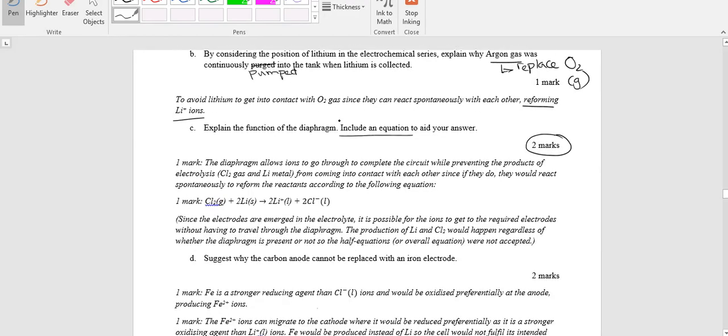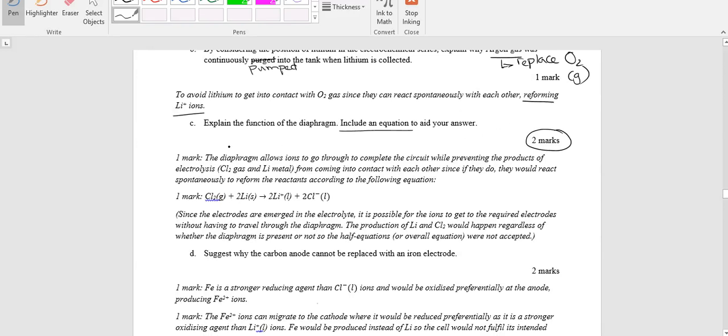So you are not going to get the explanation mark unless you have in your answer that the diaphragm will prevent the products of electrolysis from coming into contact with each other. You have to say that to get the first mark. So you have to focus on the main purpose of the diaphragm, which is to separate the products of electrolysis.